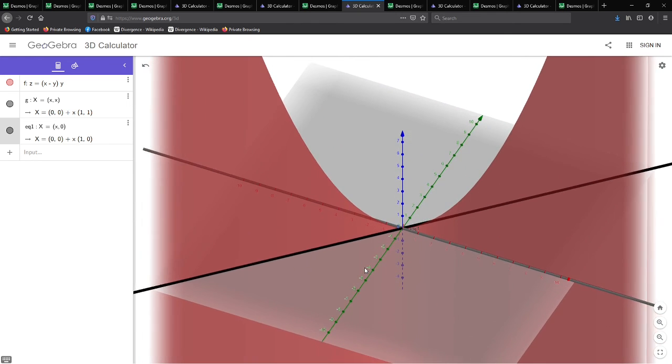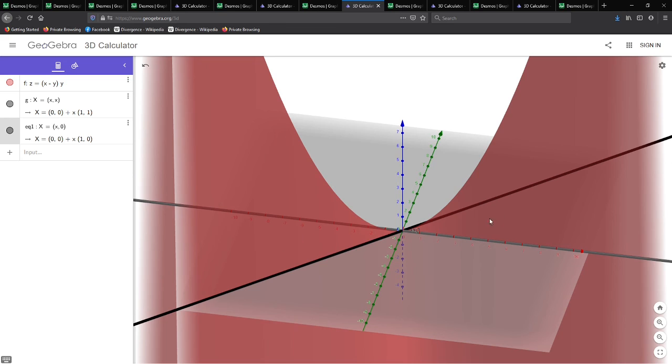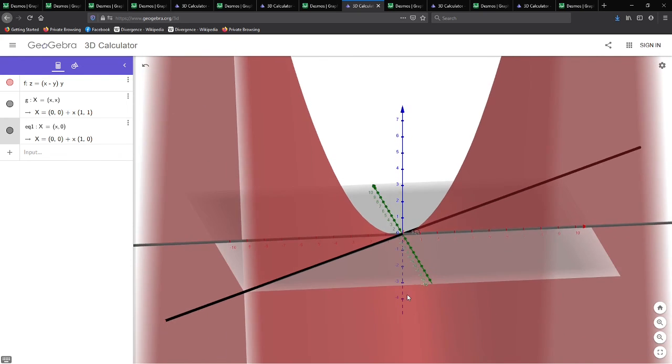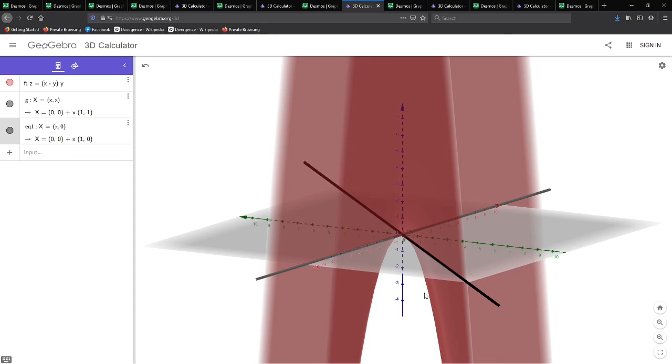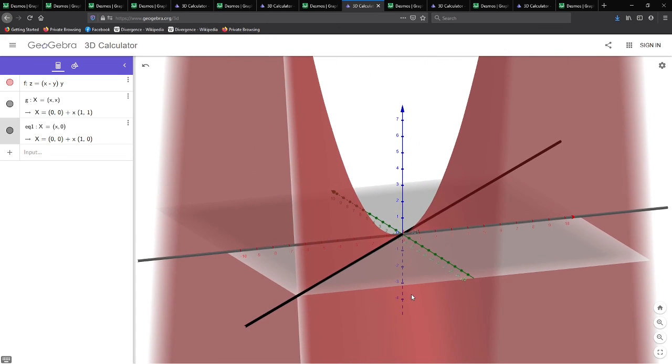You see very clearly that in these two regions the function f is positive, and in these two regions the function f is negative. So this is a very, very nice geometric approach using multivariable calculus to understand what's going on with these bifurcations in our solutions.